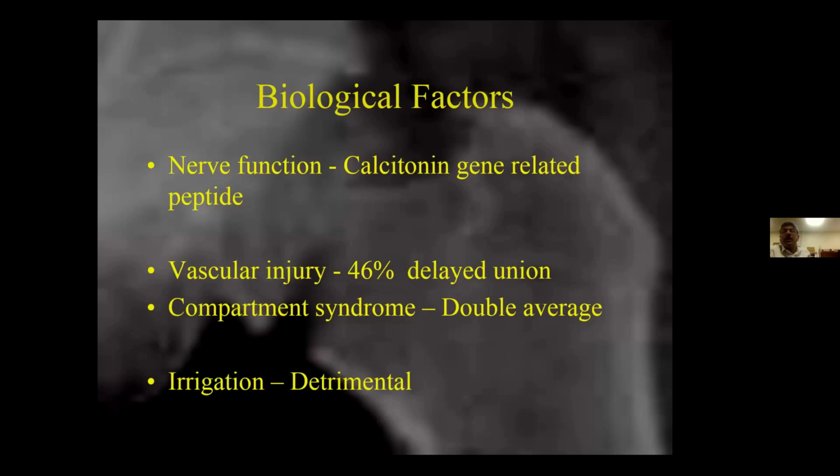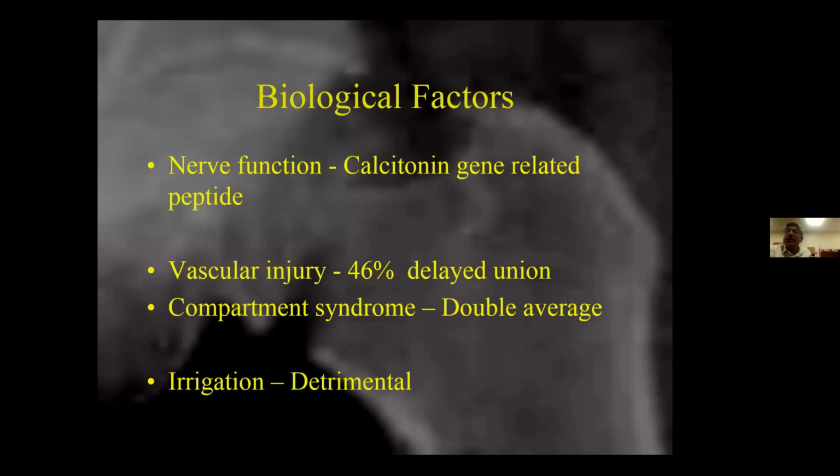for what is truly happening at the fracture healing level. So for nerve function, if there's a fracture in a limb which has a nerve deficit as well, a nerve injury, is it conducive or not conducive for fracture healing? We know it's not conducive, but do we know why? The answer is that there's something called calcitonin gene-related peptide, which in the body is responsible for vasodilation.